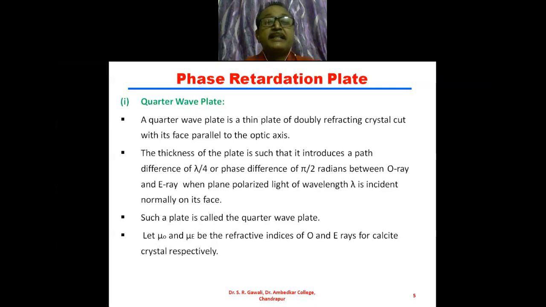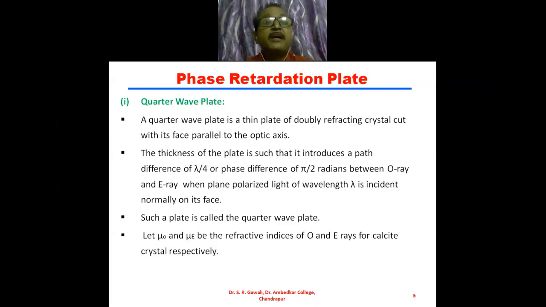The thickness of the plate is such that it introduces a path difference of lambda by 4 or phase difference of pi by 2 radian between the ordinary ray and extraordinary ray, when a plane polarized light of wavelength lambda is incident normally on its face.